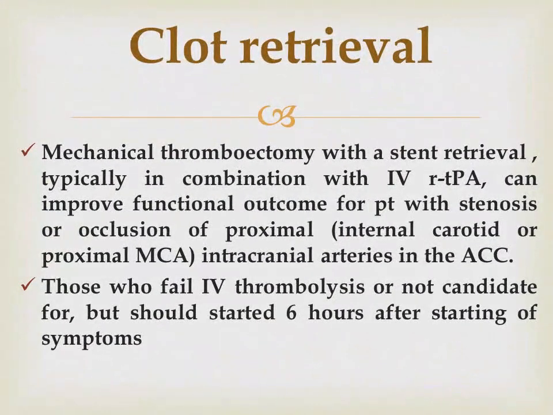Clot retrieval, that is mechanical thrombectomy with a stent retriever, typically in combination with IV rtPA, can improve functional outcome for patients with stenosis or occlusion of the proximal intracranial arteries, that is internal carotid or proximal middle cerebral artery, in the anterior circulation. The second group, those who fail IV thrombolysis or are not candidates for it, but should start within 6 hours of the start of symptoms.